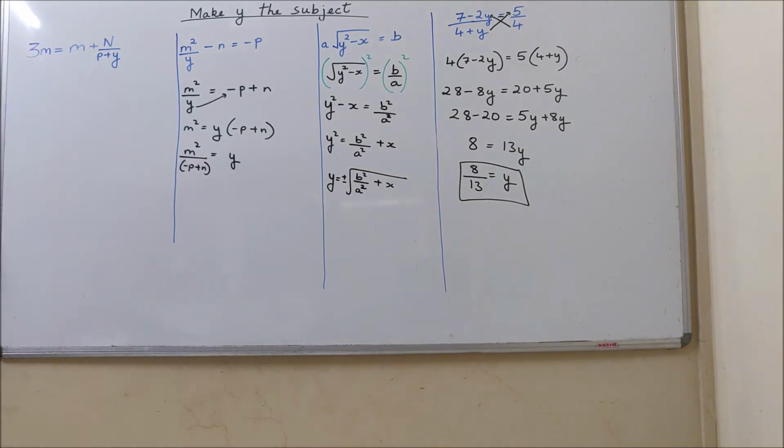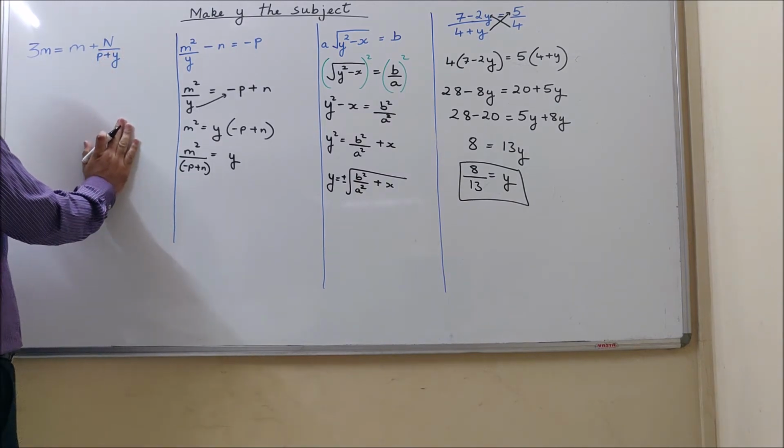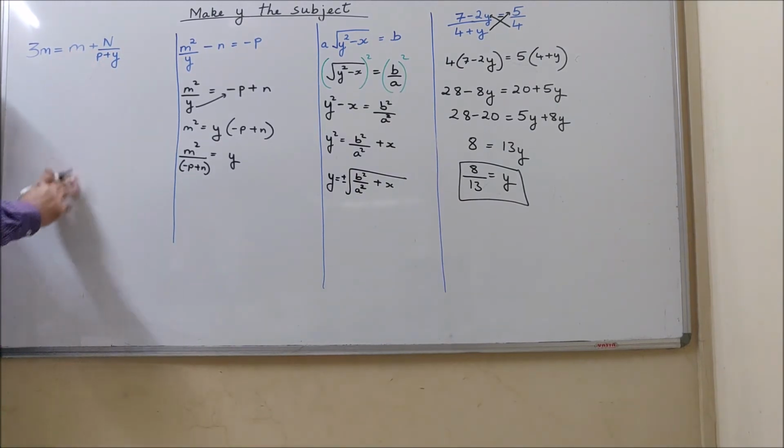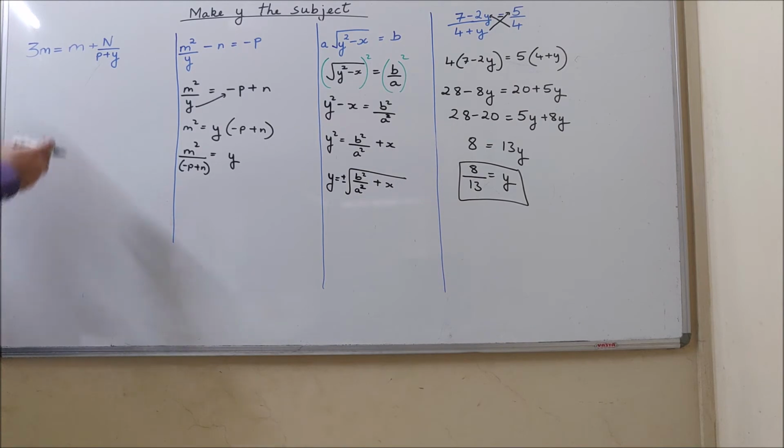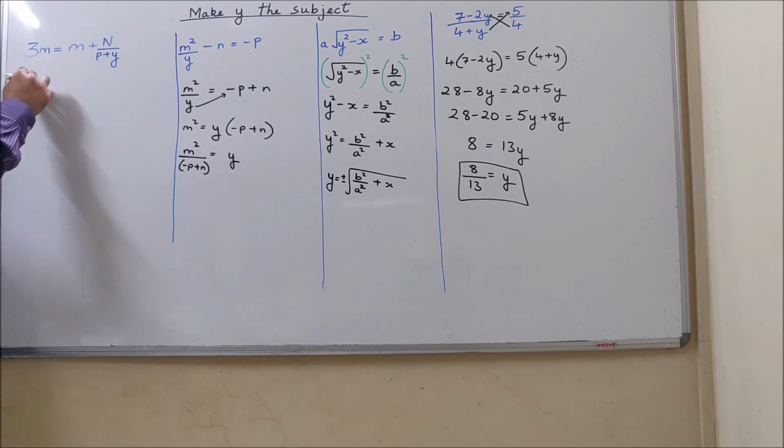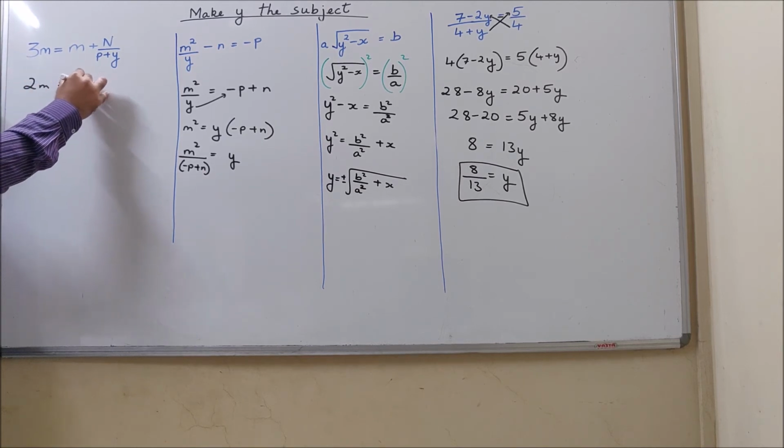Come here. Out here you have y again in the denominator. You have an m out here. The first thing I'll do is I'll get the m on this side. So it will become 3m minus m, which will become 2m is equal to n over p plus y.